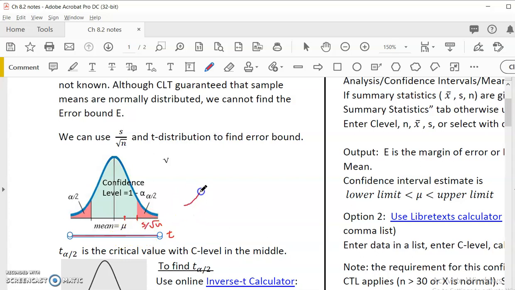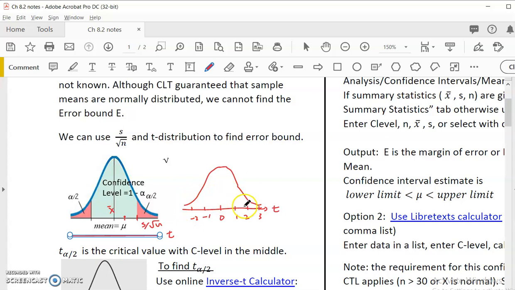The T graph is still normal-looking, kind of like Z. In Z we say 0, 1, 2, 3, and T still has 0, 1, 2, 3, and -1, -2. Remember, this T is the number of tick marks of S over square root n for X bar only.